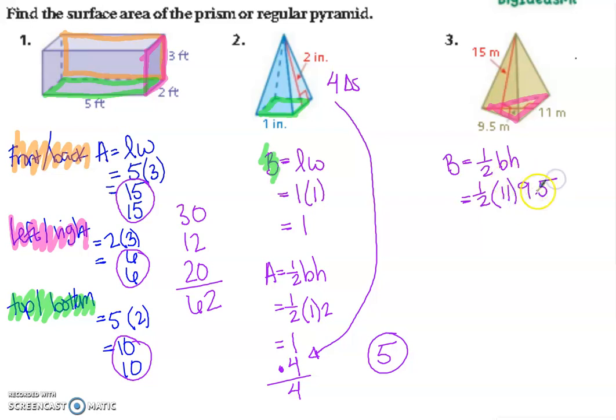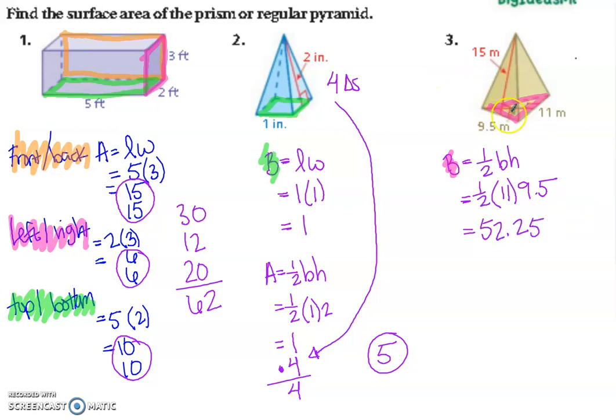Now if you put these in a different order, 11 and 9.5, that's okay. You can change the order because multiplication is commutative. But you cannot use 15 here. Just be really careful about that. So here we go. I'm going to use a calculator. I've got 11 times 9.5 divided by 2 because it's a triangle. 52.25.